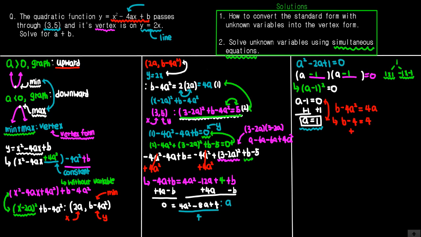All you have to do is add 4 to both sides in order to isolate the b term. Then we get b is equal to positive 8. We're not trying to find the value of just b. We're trying to find the sum of a and b. So a plus b, where a is 1 and b is 8, our final answer is going to be 9.